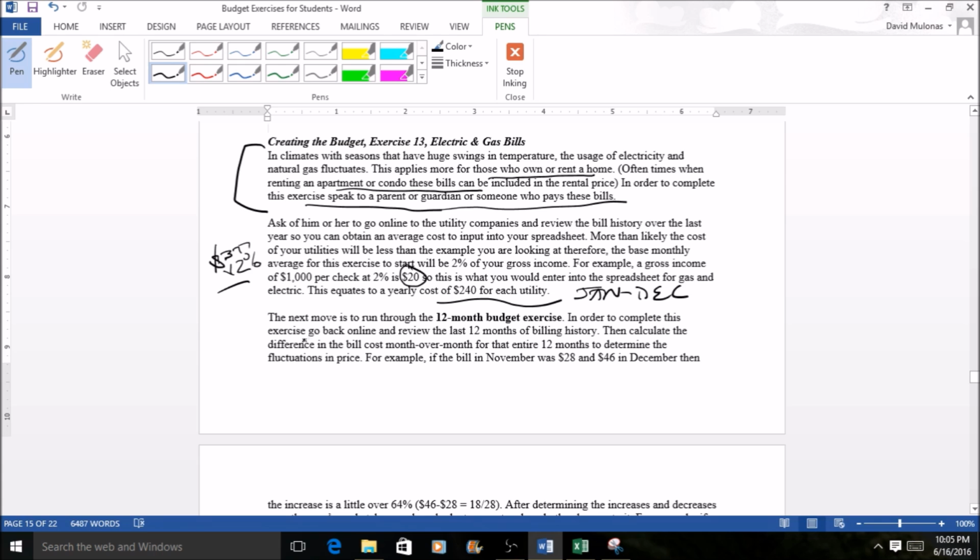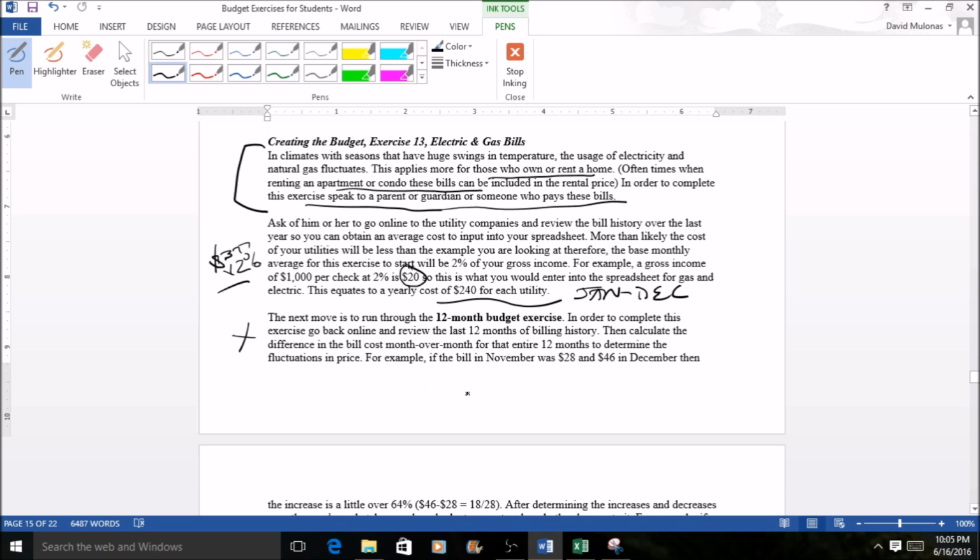Now we get back to reviewing the billing history. What you need to do is determine the cost difference in terms of percentage from one month to the next. If you look at a parent or guardian's bill, you can start with December from the prior year and ask, what was my bill in January? What was the difference?